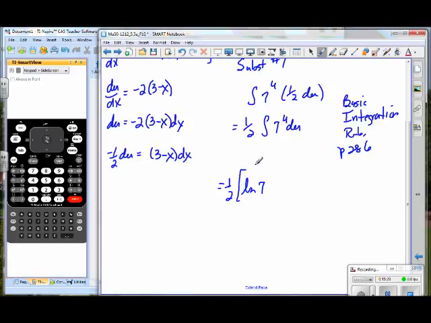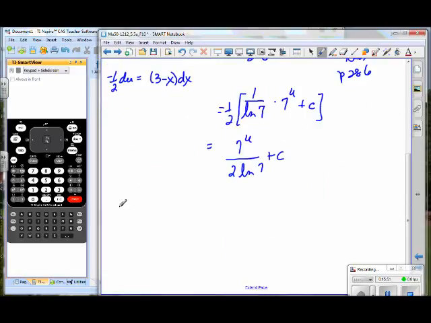Actually, I'm going to make that 1 divided by the natural log of that times 7 to the u power plus c. So we would have here 7 to the u power divided by 2 times the natural log of 7 plus c.